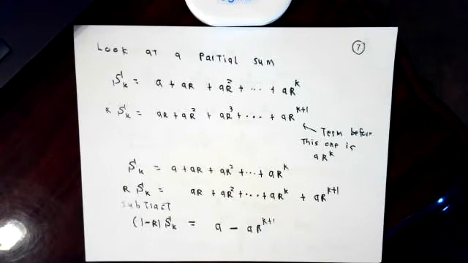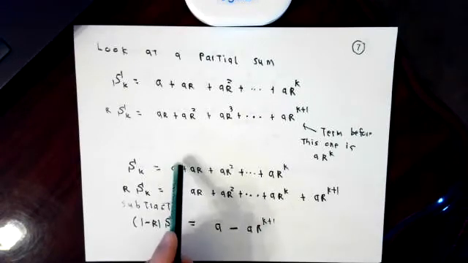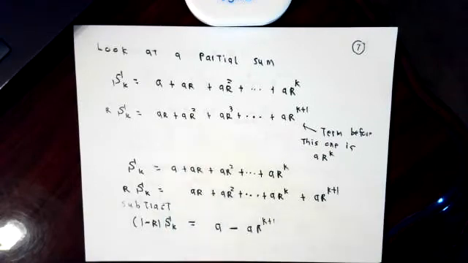The only thing that ends up not canceling out is this A minus this A times R to the K plus 1 power, that is. And again, these are finite sums, no infinite series or anything, so I feel comfortable doing this.